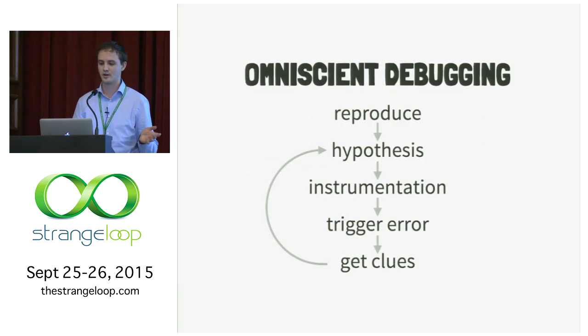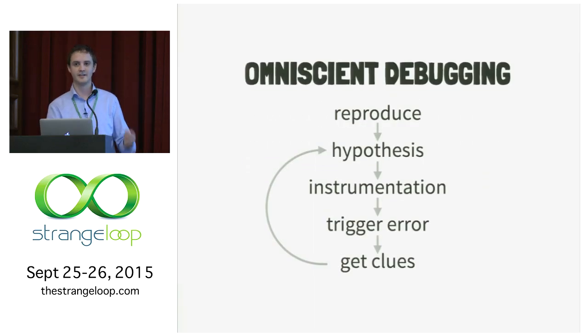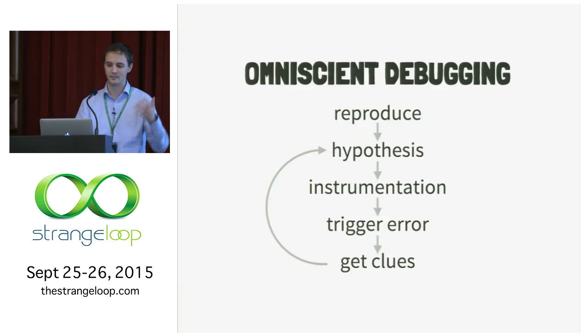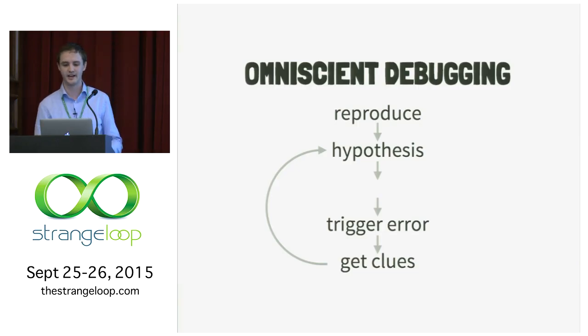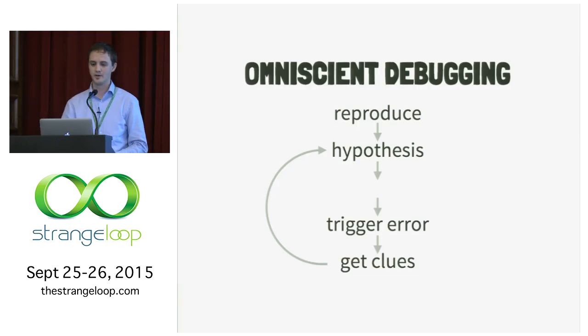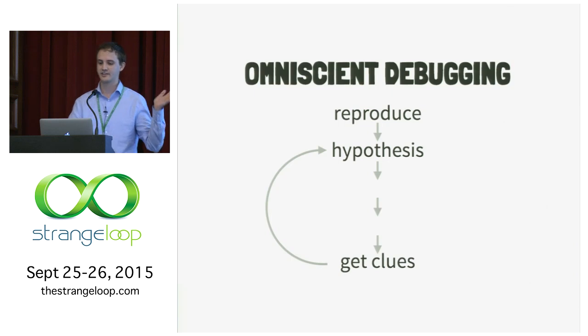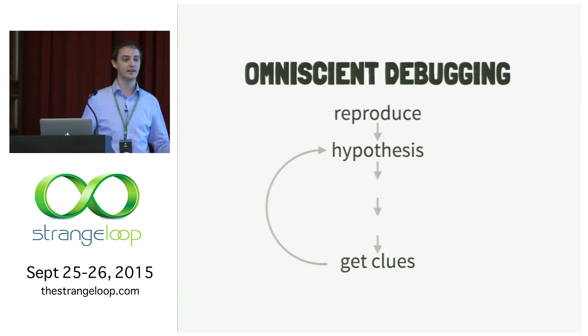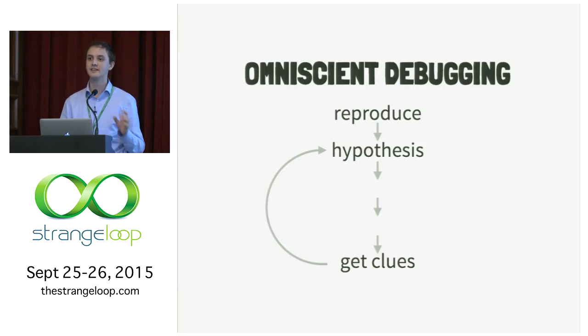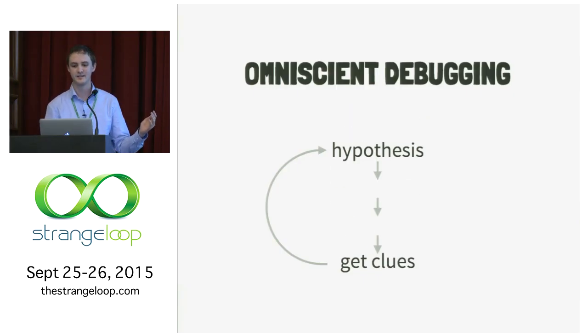So how does debugging work with this? Well, first of all, we don't have to instrument things ourselves, right? Because everything is always logged. And since we don't have to instrument every time we come up with a new hypothesis, we can just run the program once and we get all the data, so we don't need to re-trigger the error all the time. And if you have a really good omniscient debugging system, you even don't need to reproduce the problem in the first place, because you can just download the execution trace from the client on which it happened, right?